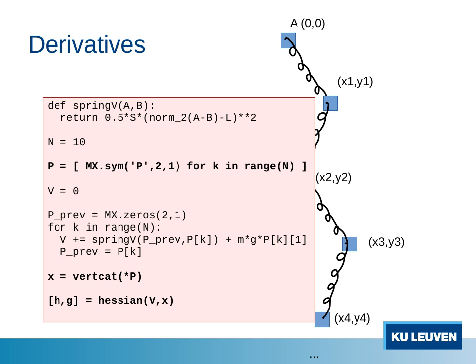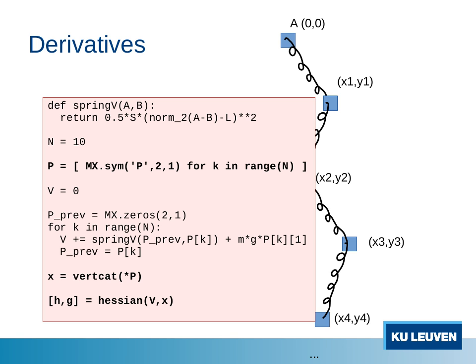In this case, p will be a list of symbolic primitives, and X will be the collection of all of them, so we vertically concatenate them into one tall vector with the vertcat command. Then v is constructed in a for loop, but you don't need to look at the details.